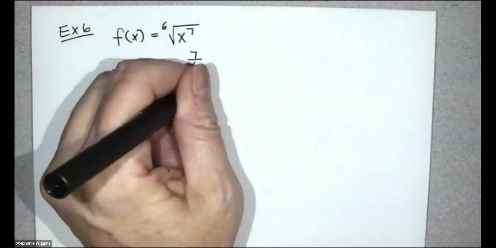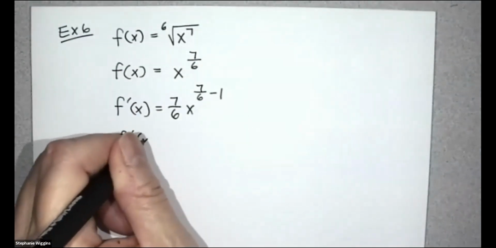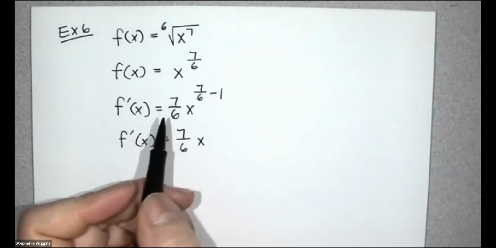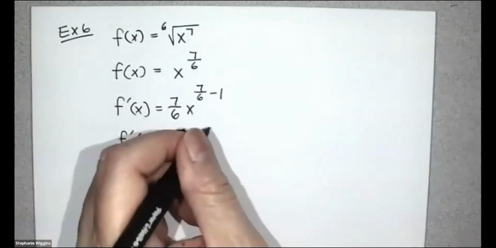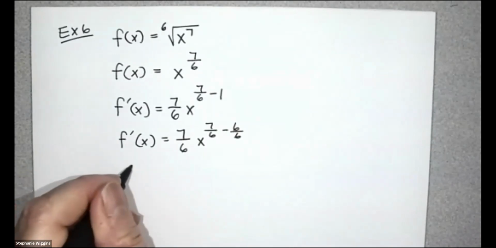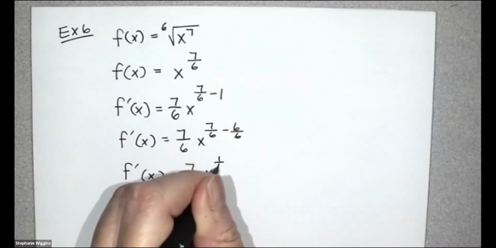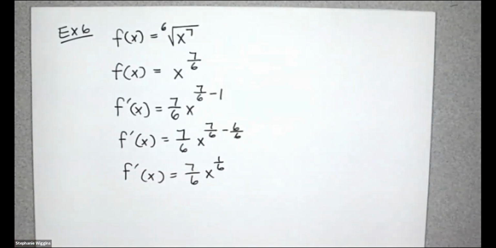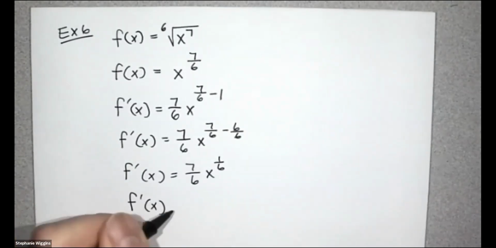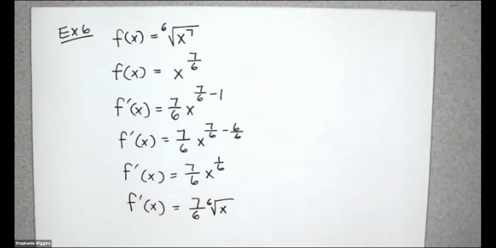I'm going to subtract 1. When you subtract 1, think of this as 6/6, right? And so we have 7/6 x to the 1/6. And I would prefer to write it as the 6th root of x, like that.